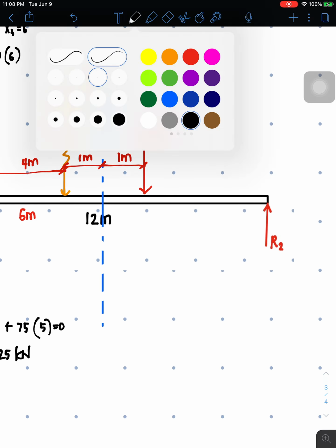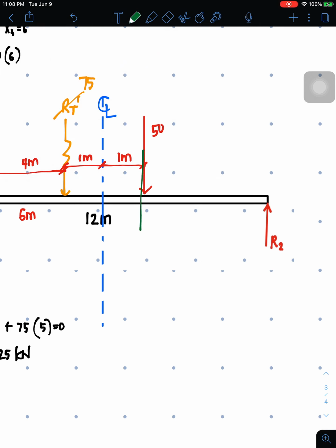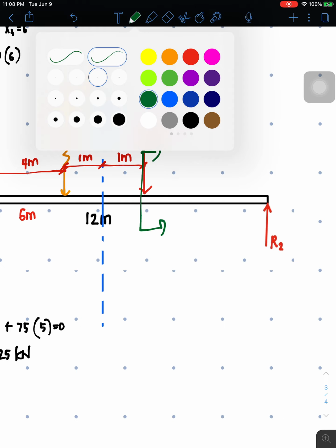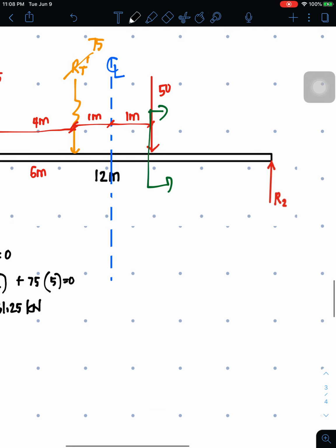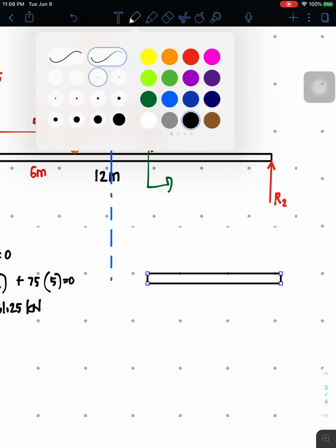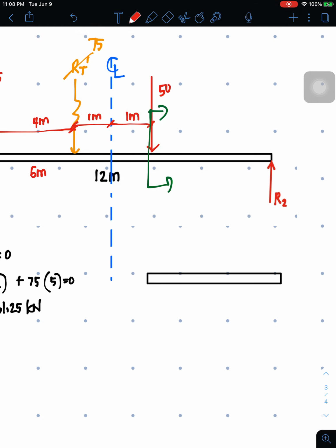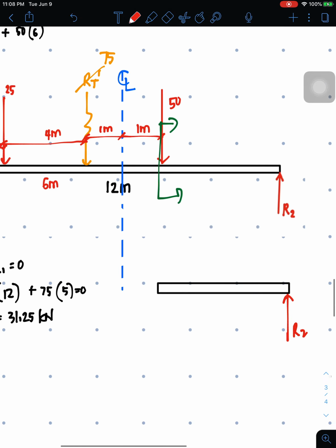And then we're almost done. We're going to cut now this portion of the beam and consider this right side, since that's the simpler figure. And let's redraw the beam. Okay, then do not forget that naatay R2 dira.